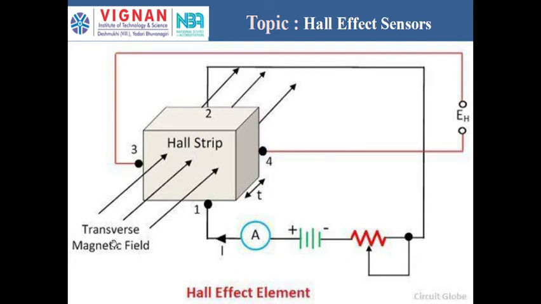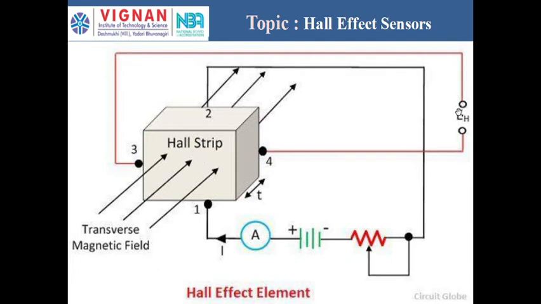When a transverse magnetic field passes through the strip, an output voltage EH appears across the output leads 3 and 4. This voltage is proportional to the current and magnetic field strength.